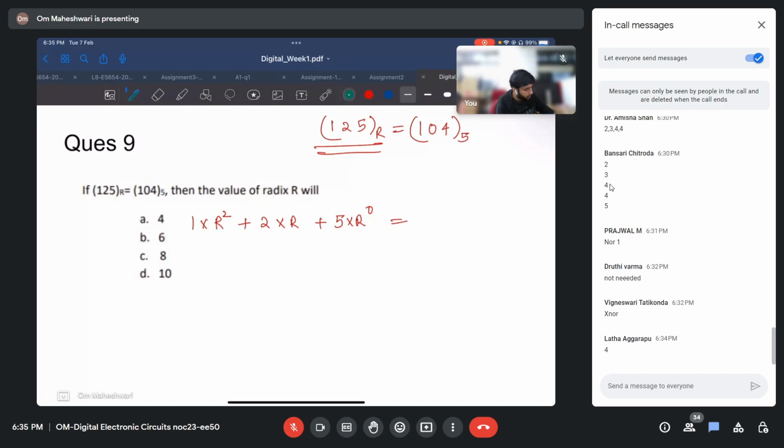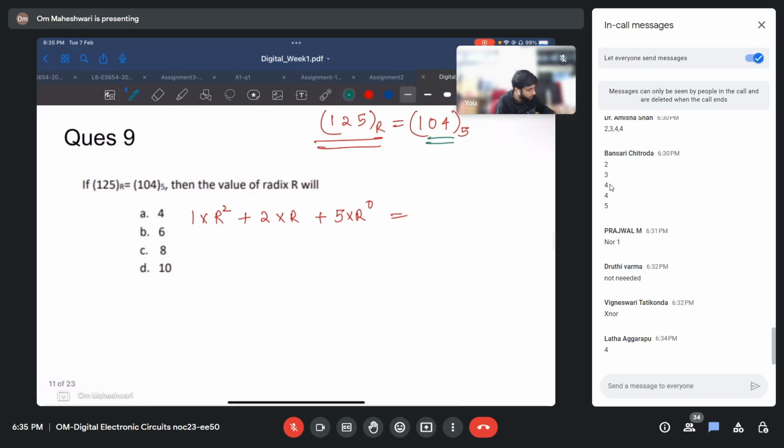Now this part is 4 into 5 to the power 0 plus 0 into 5 plus 5 square. So if I just write it, it will be R square plus 2R plus 5 equals 25 plus 4.